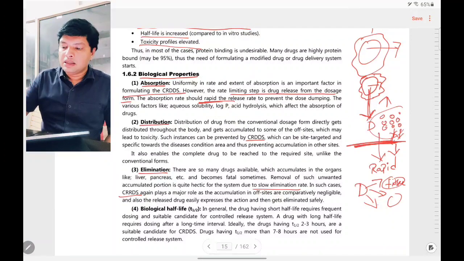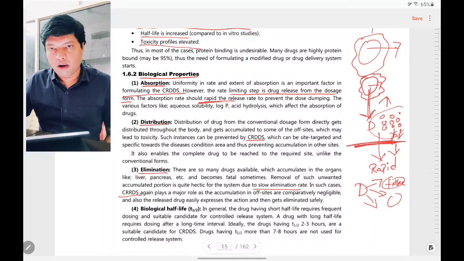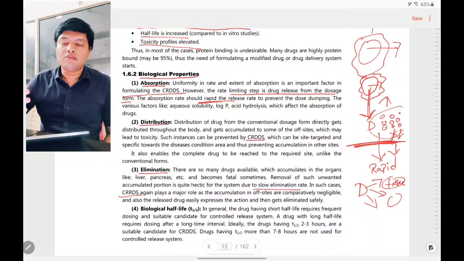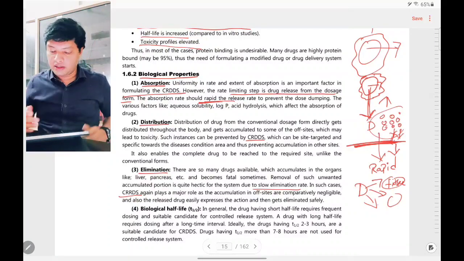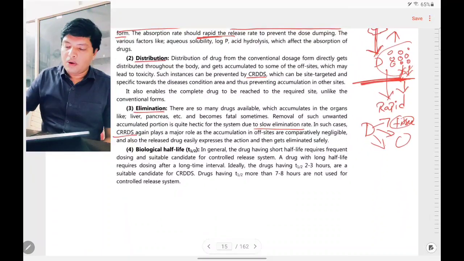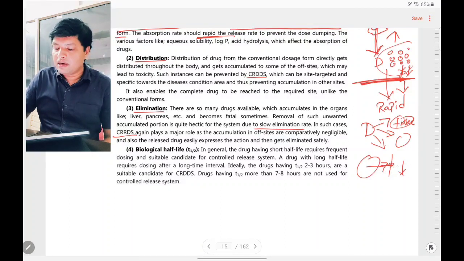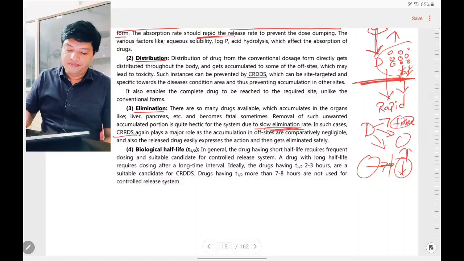Even though the drug has slow excretion properties, because you are controlling the release of the drug, you can overcome the negative effects due to slow elimination rate just by converting the drug into a controlled drug delivery system.